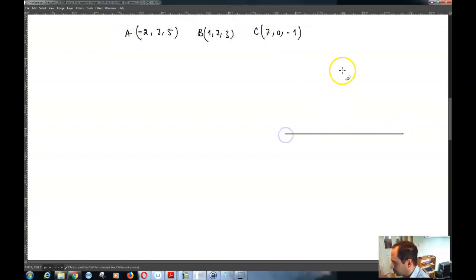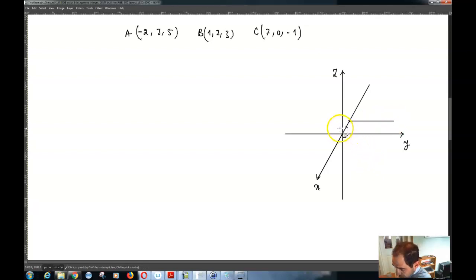if I draw a coordinate system, and if I set this as my y-axis, set this as the z-axis, set this as the x-axis, for example, and over here I have negative 2, 1, and 2, and draw a line parallel to the y-axis, and 3 units along the y-axis would be 1, 2, and 3.